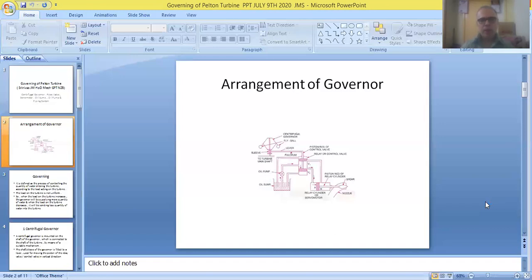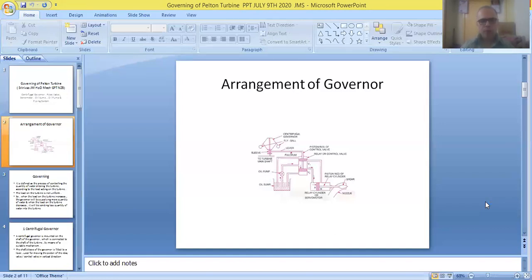Similarly, the relay valve will also be supplying high pressure oil from the right hand side of the servomotor for moving the piston in the reverse direction.